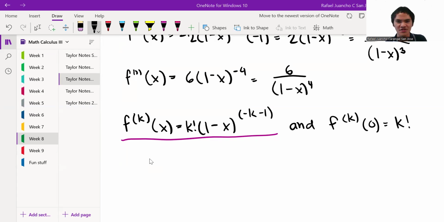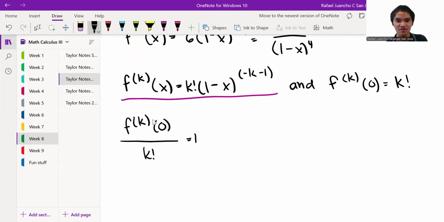And then the coefficient of x minus 0 to the kth in the Taylor polynomial is just f to the kth of 0 divided by k factorial, which is essentially 1 because we know this is also k factorial. Oh, okay.